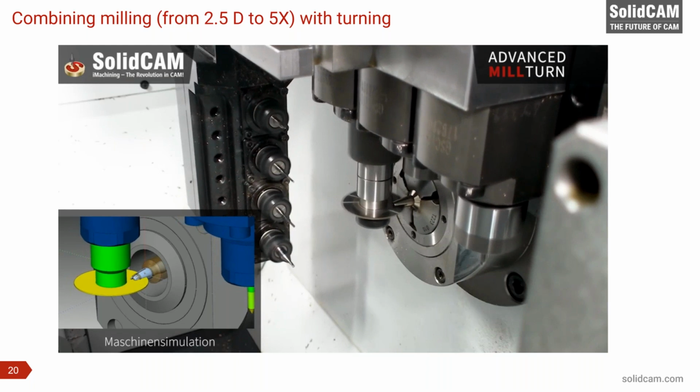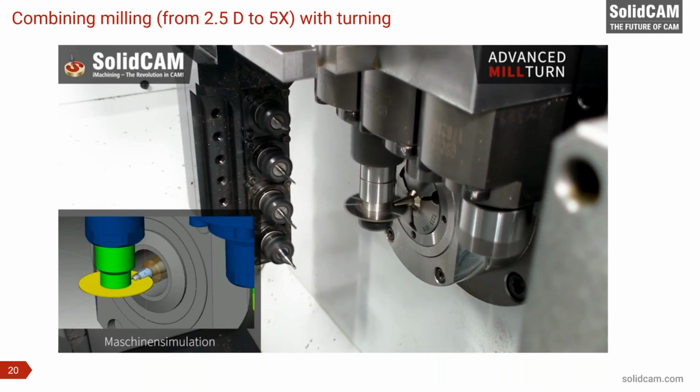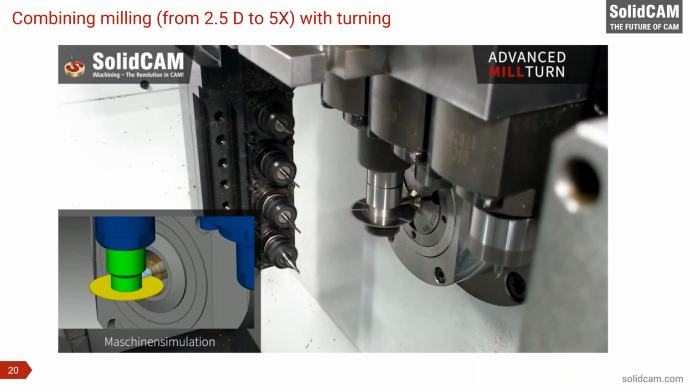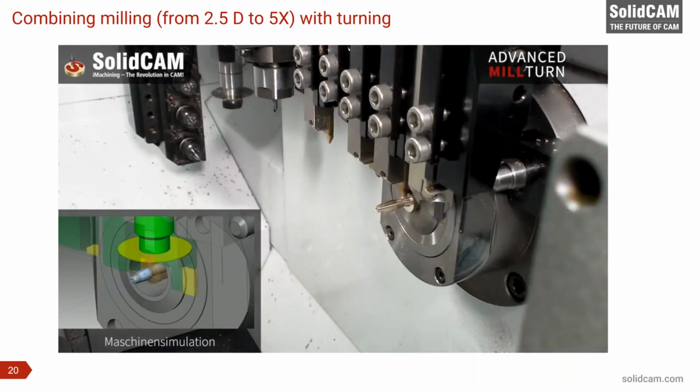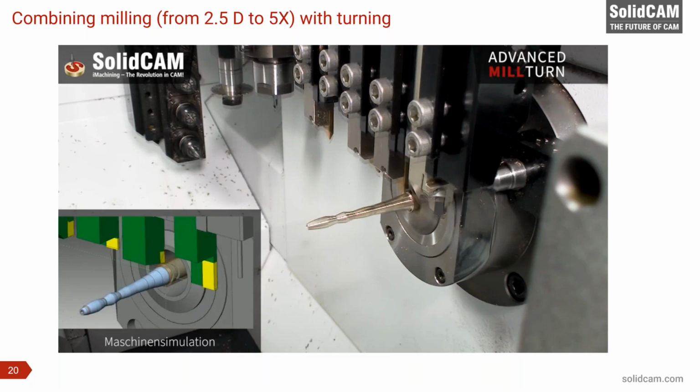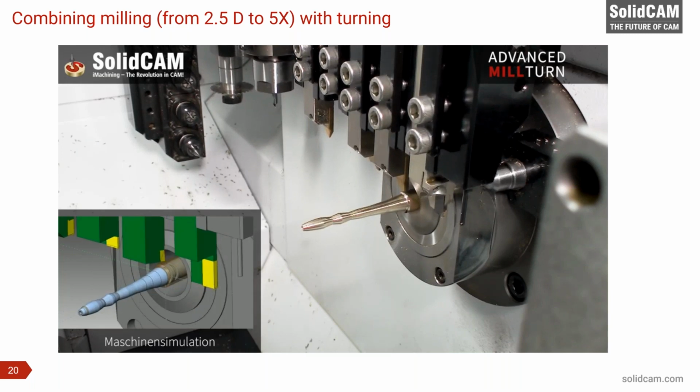We can describe all attachments as they are, all tools as they are. We can even import them from the tools catalog, and we can apply all this stuff for the cutting operations from 2.5D, because we have a wide range of modules. If you need 2.5D only, then you can have only it.